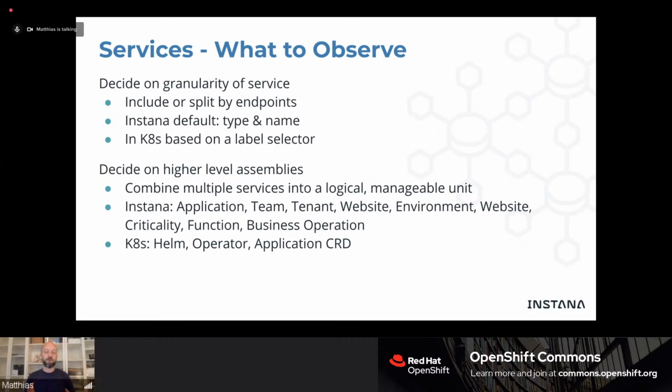You can also think about it differently, maybe some other backend unit also belongs to that logical assembly. I'm using this term very, very loosely. We're calling these application perspectives, but whatever works for you to combine a couple of logical services together to serve what's needed.